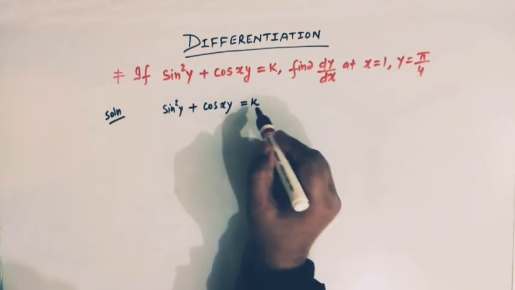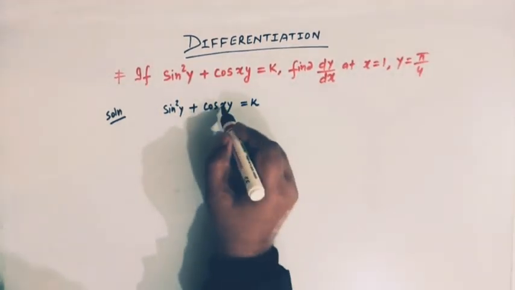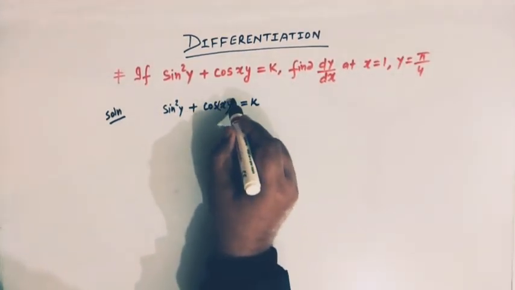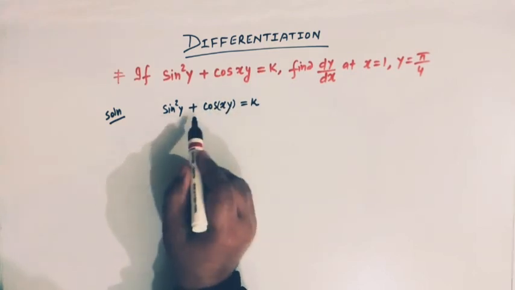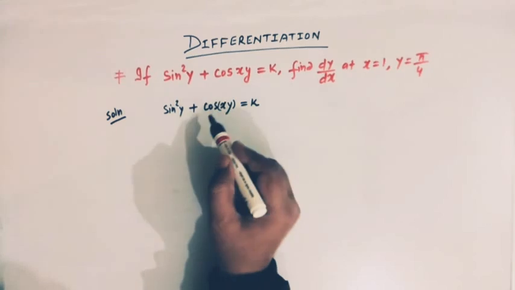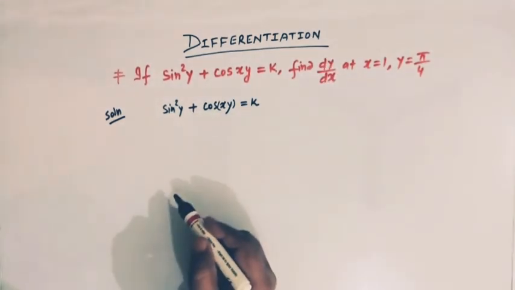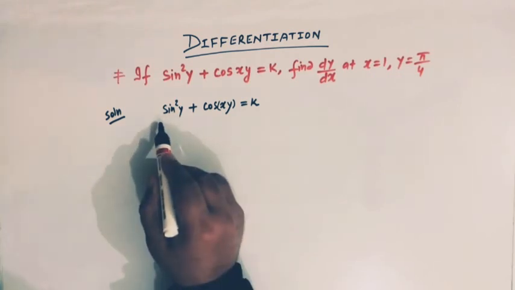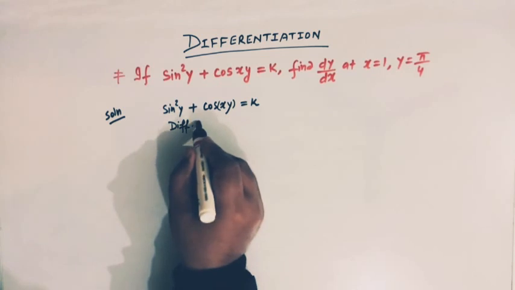Now here we take k as a constant, and this xy is inside this cosine function. So here we have the variables x and y, and we have to find dy over dx. So let us differentiate both sides with respect to x, right?